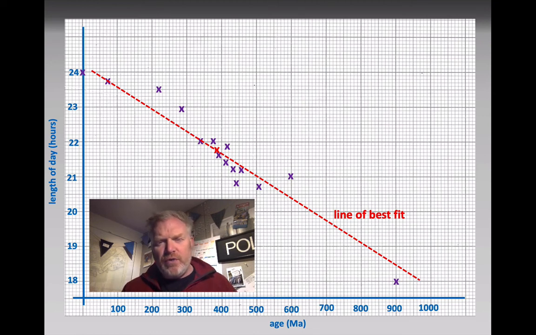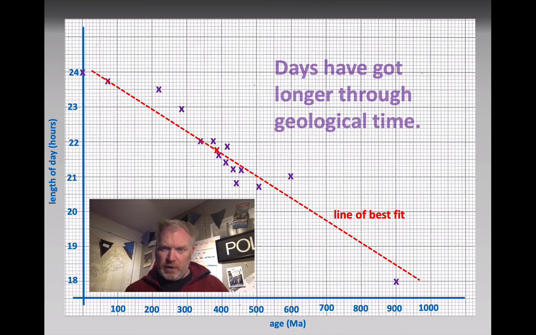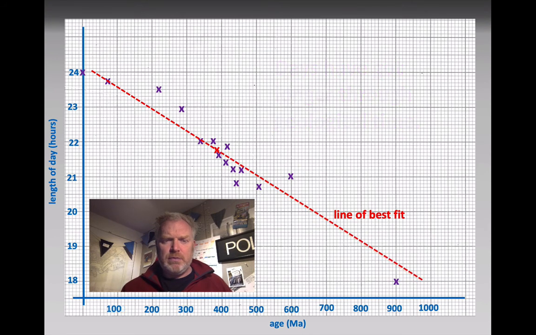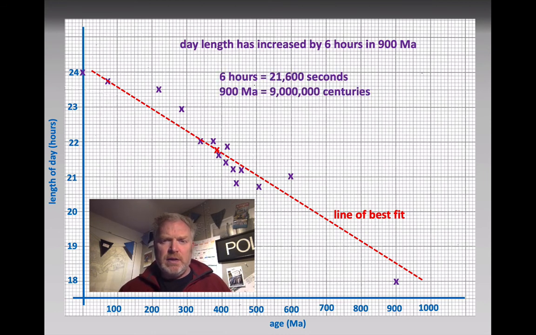Okay, if we now look at the rate of change, we can see that days have got longer as we get into more recent time, by about a third if we go back to 900 million years ago. If we think about how quickly that's happened, if it increases by 6 hours in 900 million years, that's 21,600 seconds per day, over 900 million years, which is 9 million centuries.